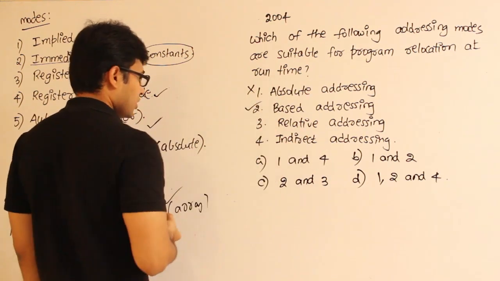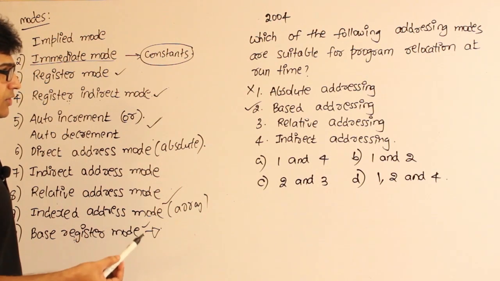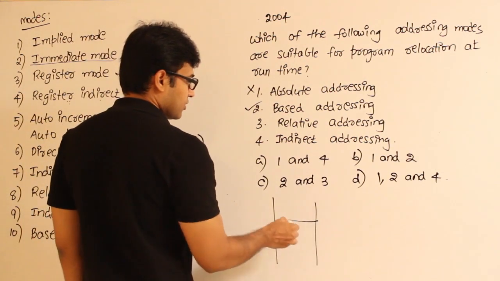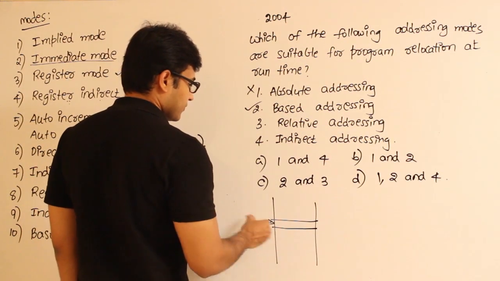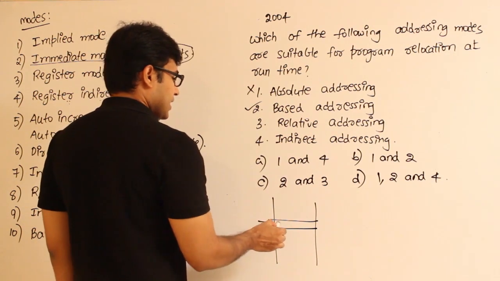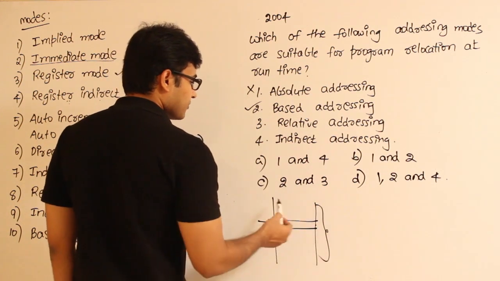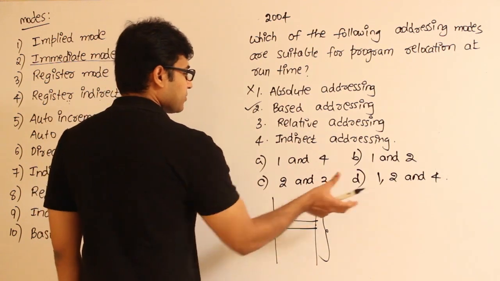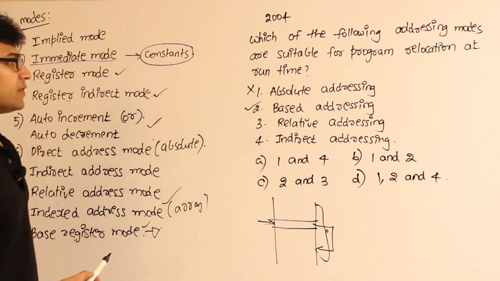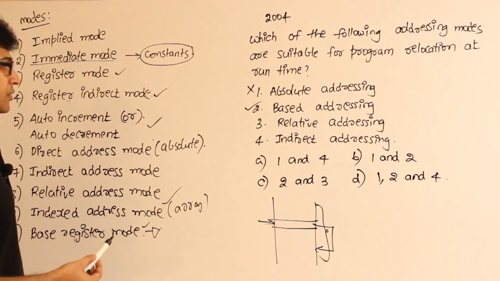And in relative addressing mode also, we talk about the address in reference to the present instruction, right? If you are right now at some instruction, then we talk about an address in reference to this present instruction. Therefore, when you move the entire program to another place, the relativeness doesn't change, isn't it? That is why the relative addressing mode will also support program relocation.